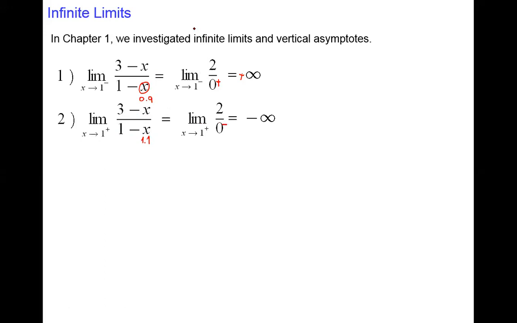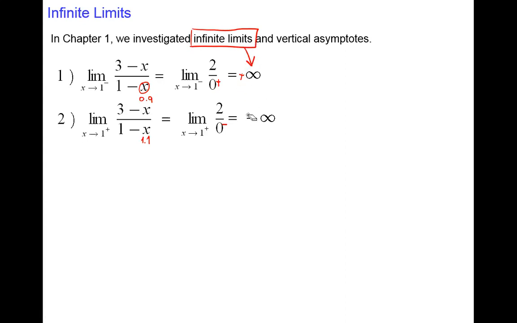Okay? As we can see, that's what I was saying, infinite limits. That means, please remember, when we're looking at the behavior of the function near the point that is not in the domain, we may have, as I said, removable or jump discontinuity, or we may have infinite discontinuity.